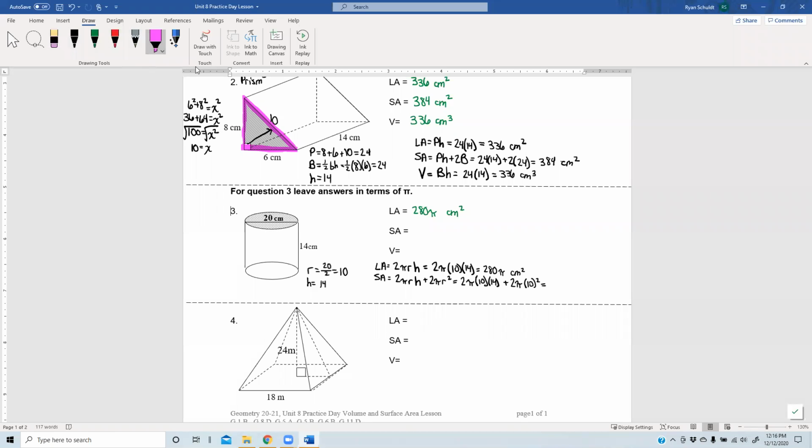So again, in terms of pi, so we put everything in the calculator but the pi's. No pi for you. So that'll get us 480 pi centimeters squared. That's our total surface area.